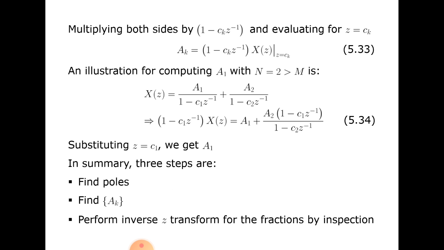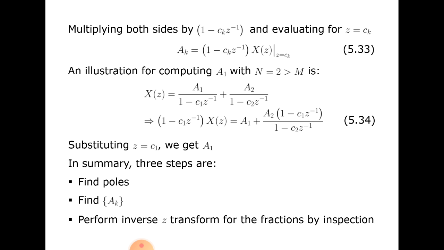For computing a1, with n equal to 2 greater than m, x of z is equal to a1 divided by 1 minus c1 into z power minus 1 plus a2 divided by 1 minus c2 into z power minus 1.